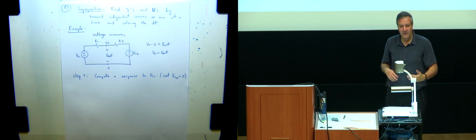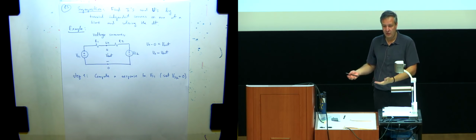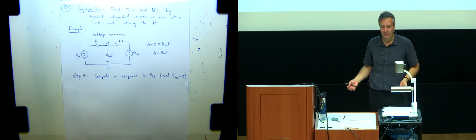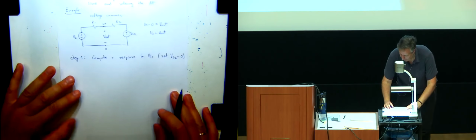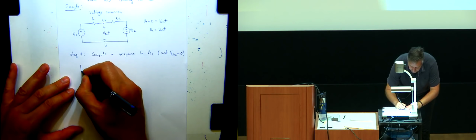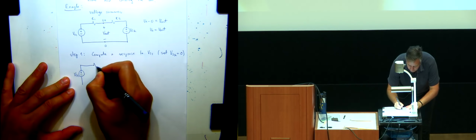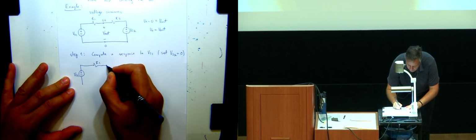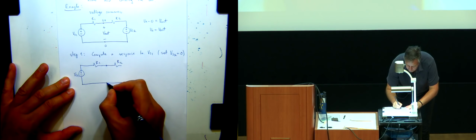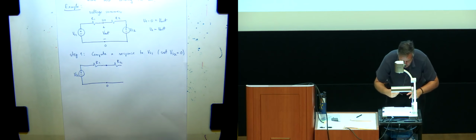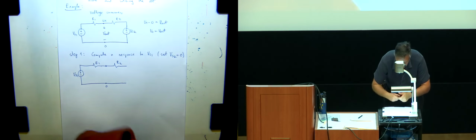In these steps, we're going to be redrawing the circuit with this nulling to see how it gets simpler, and maybe we don't even need to do any analysis. We already see the answer. So let's say this is VS1, R1, R2, 0.